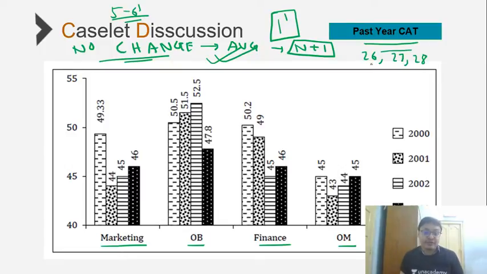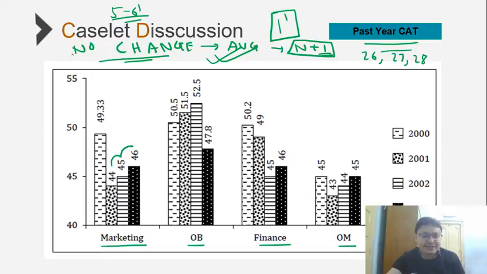That is, in case there is no change in the faculty count, the average age will always increase by plus 1 every year. So for example, if I look at marketing, I can see there is a clear straight increase of plus 1 in the years 2001 to 2, 2 to 3, and so on.